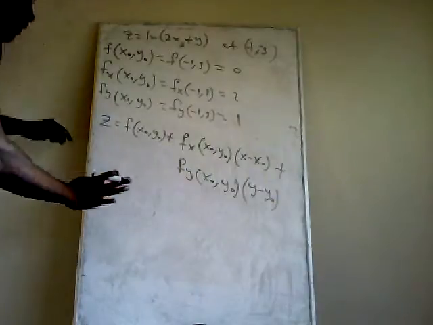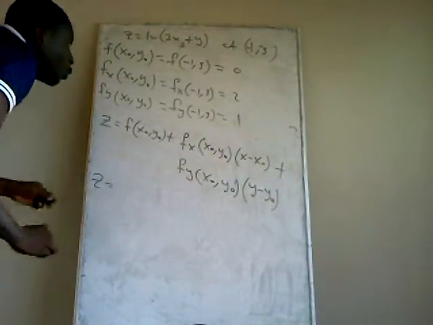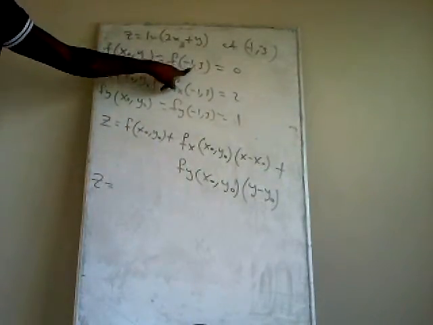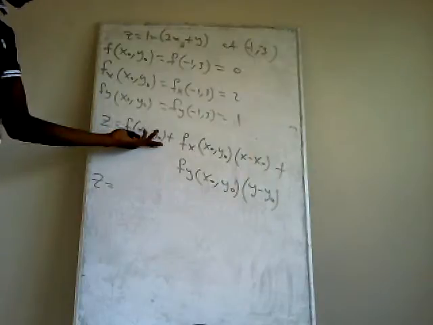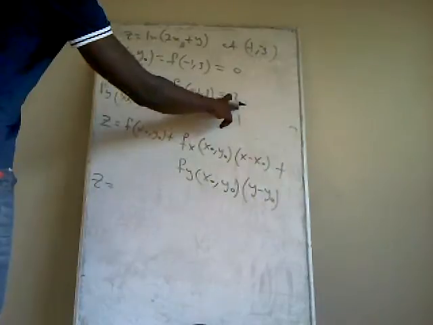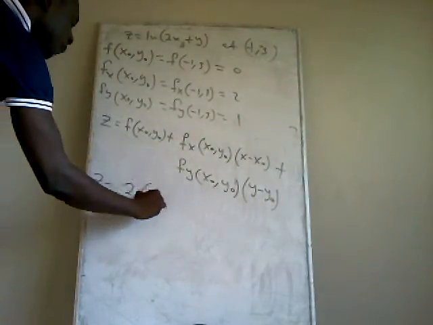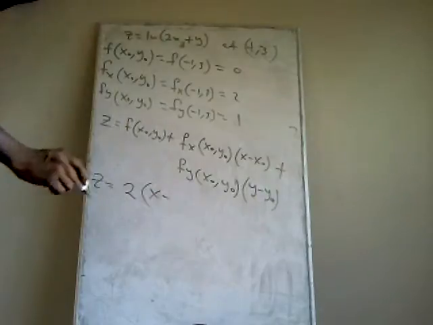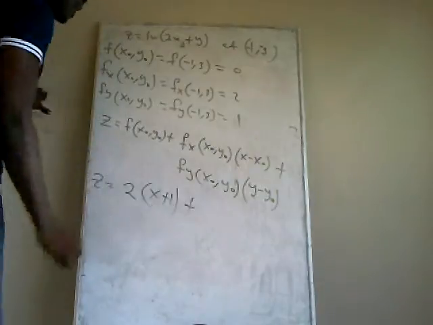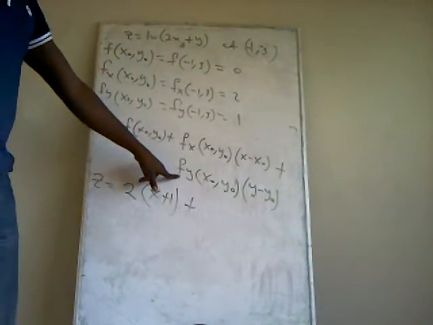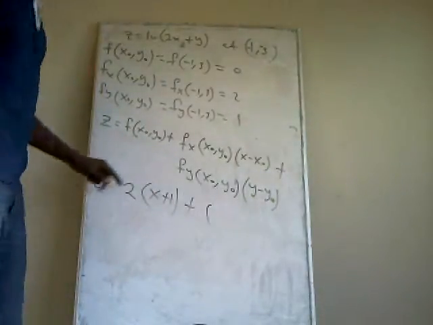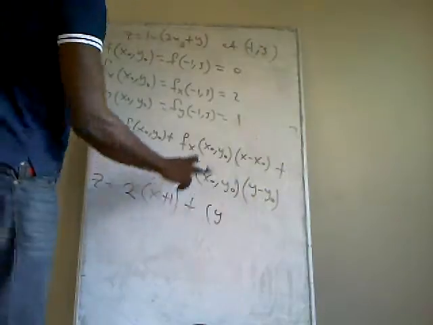So my equation of a tangent plane is z equals f at x naught, y naught, which gives 0, so this one vanishes. Then fx gave me 2, so I have 2 multiplying x minus x naught. X naught is -1, so I get plus 1. Plus fy gave me 1, so 1 multiplying y minus 3.